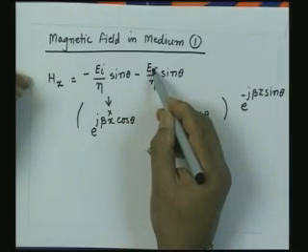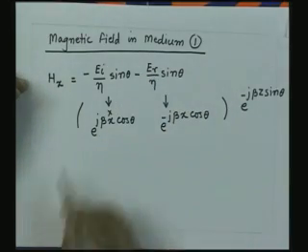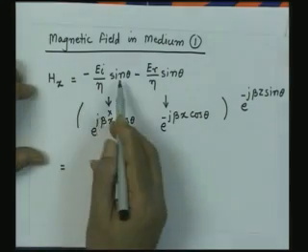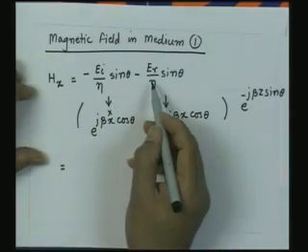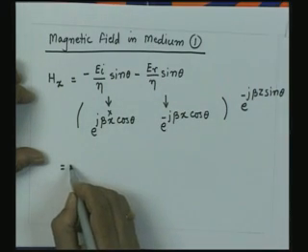Again, if I substitute E_R equal to minus E_I, then I can get the expression, this becomes plus E_I. So, I can take minus E_I upon eta common.